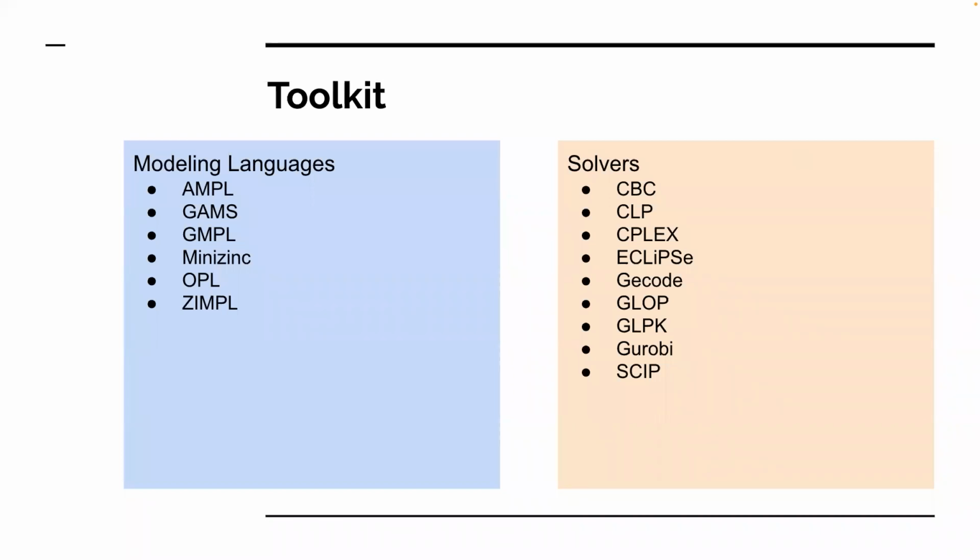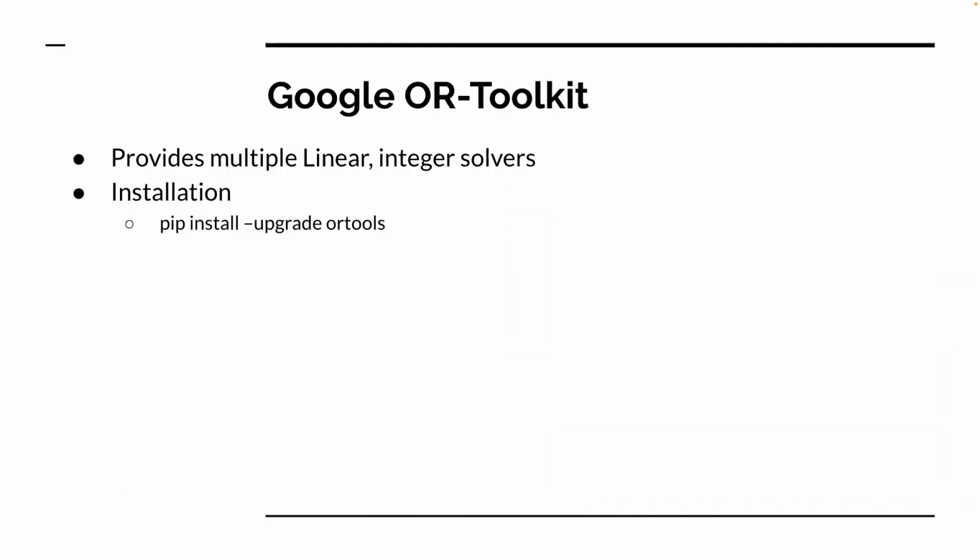One key aspect of these solvers is that many of them are commercial. They're pretty expensive, and not applicable in a lot of day-to-day usage. That's where the Google OR-Tools toolkit comes in.